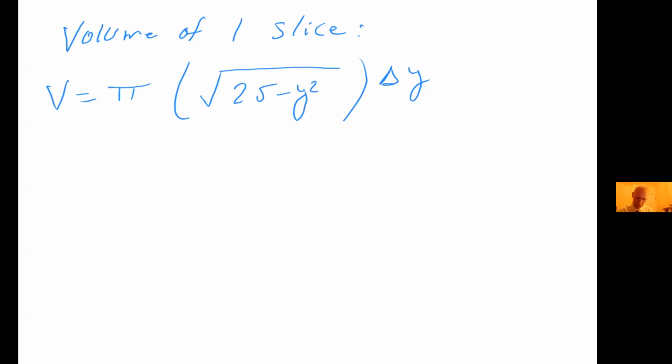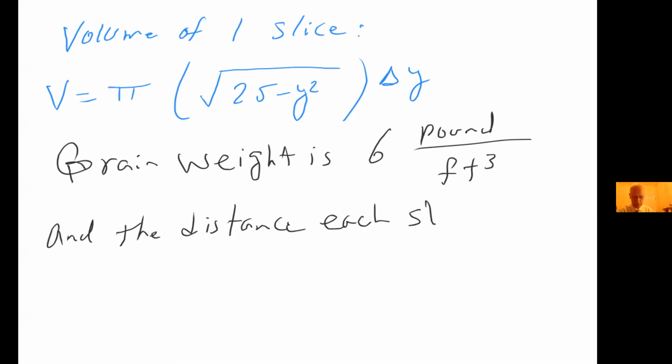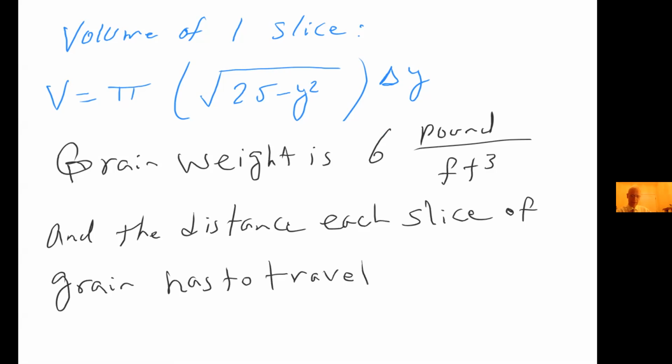Okay, so let me change column and write that the grain weight is 6 pounds per cubic feet, and the distance each slice of grain has to travel. Let me go to the previous page.